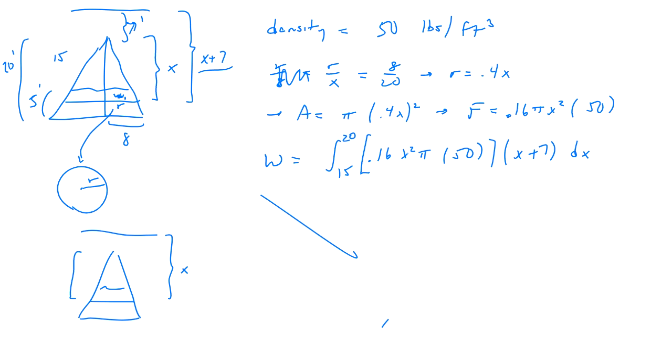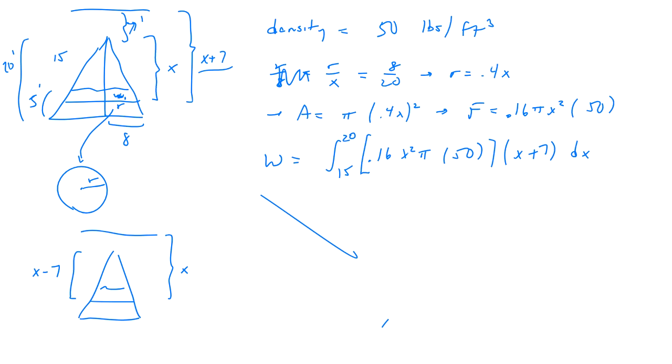So I've just switched the two. Instead of being x and x plus 7, I'm going to make the outside one x plus 7. What's now the other one? So the height of this similar triangle is x minus 7.